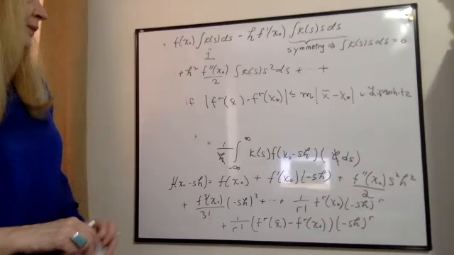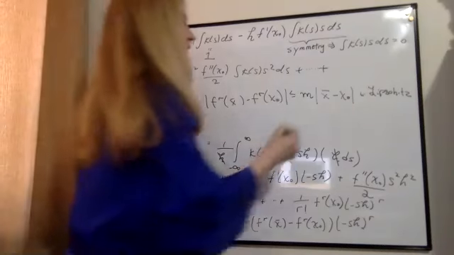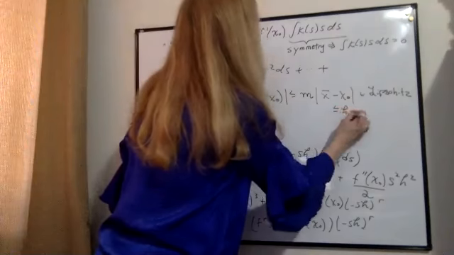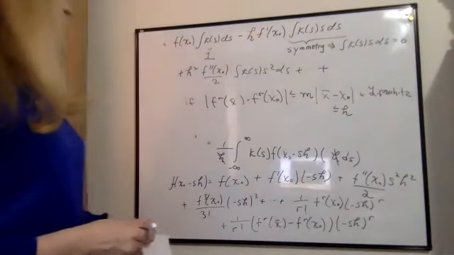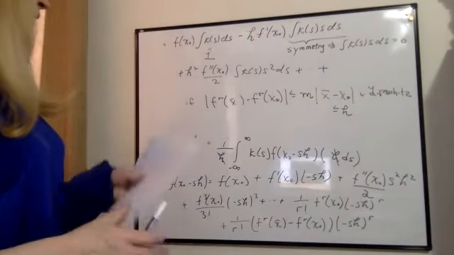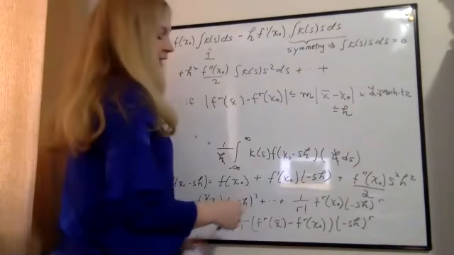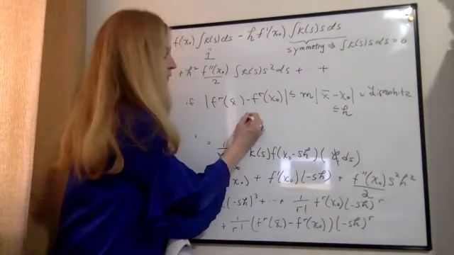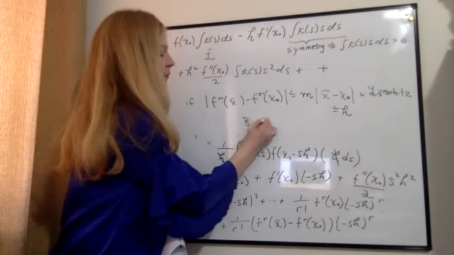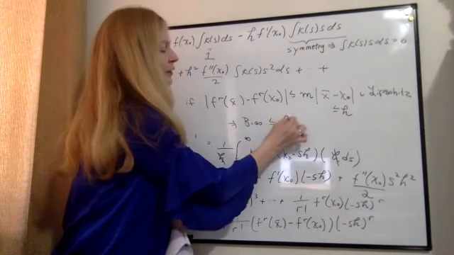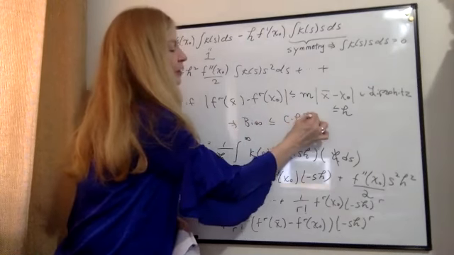And if this is less than or equal to h, then you can actually drive the bias to be like some constant term times h to the r plus 1.